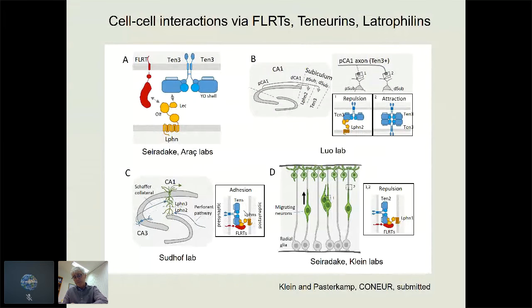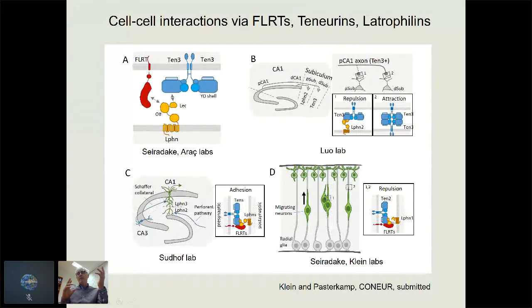to form these synapses. Now, in my lab, in collaboration with Elena Seiradake, we showed that a very similar complex, different isoforms of the same protein families, are expressed already earlier in development when cells migrate, and we could show that a similar complex regulates the migration of these neurons in what looks like a repulsive fashion.